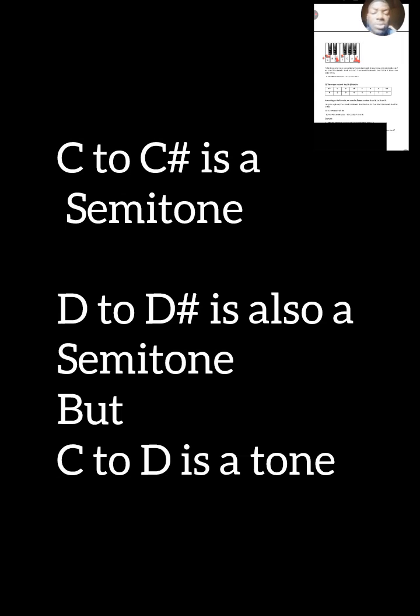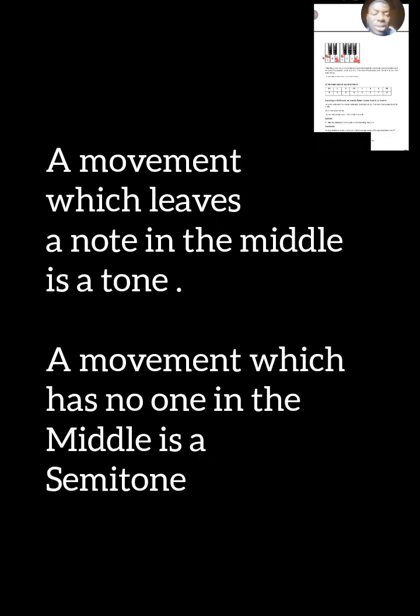From C sharp to D is another semitone. But from C to D is a tone. The simple analogy I use is that a movement where you leave a note in between is a tone, but a movement where nobody is in between is a semitone.